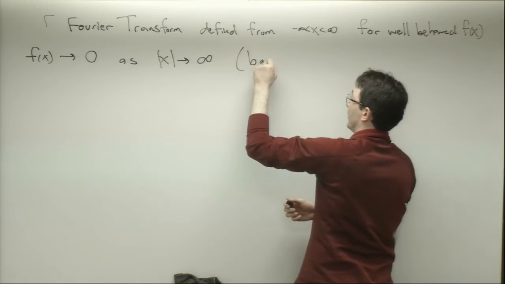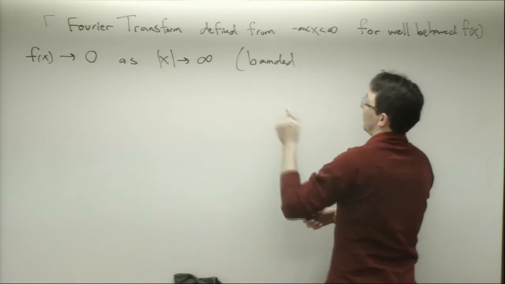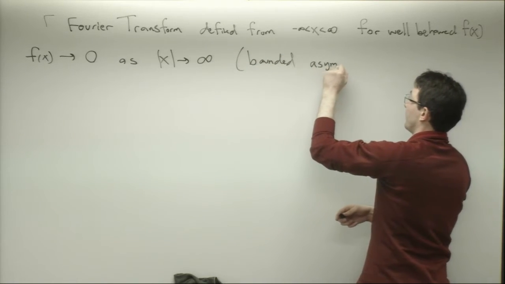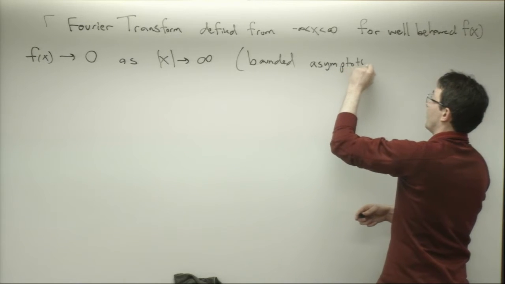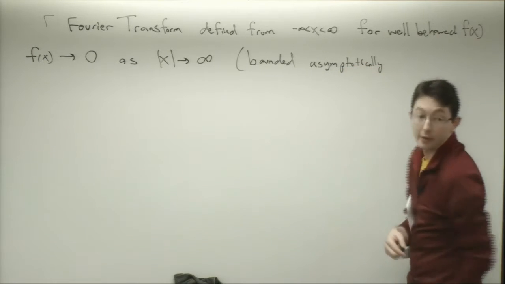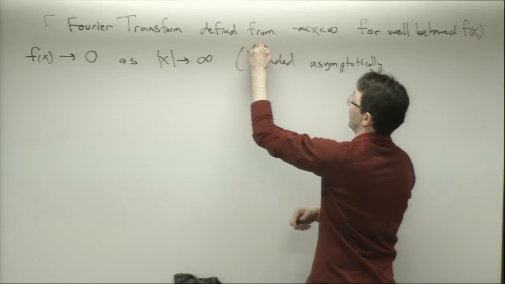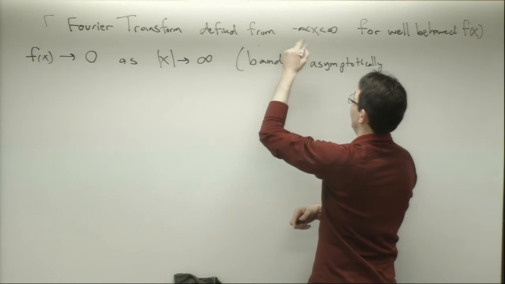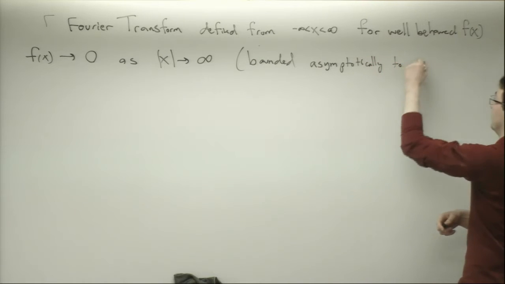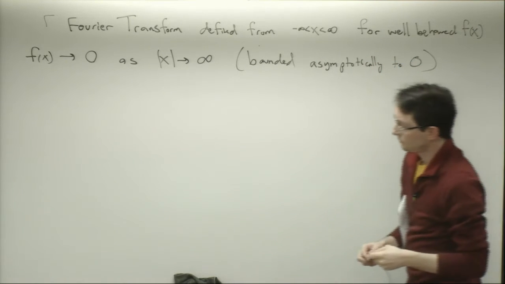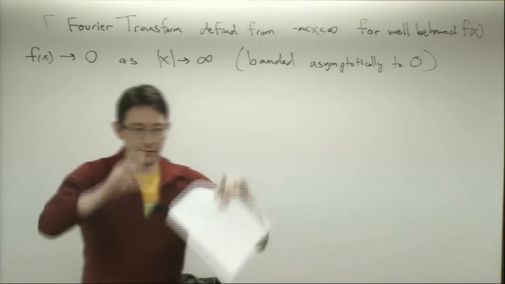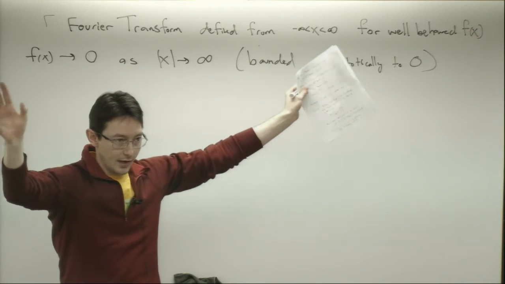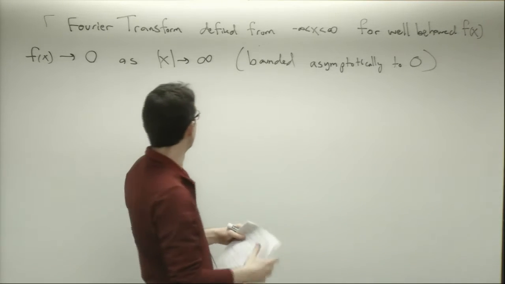So this is bounded asymptotically. Actually, more than bounded, it converges to 0. Bounded asymptotically to 0, and that's just a way of saying that our function tapers off to 0 as x goes to plus or minus infinity.